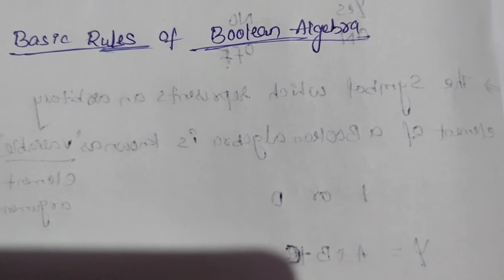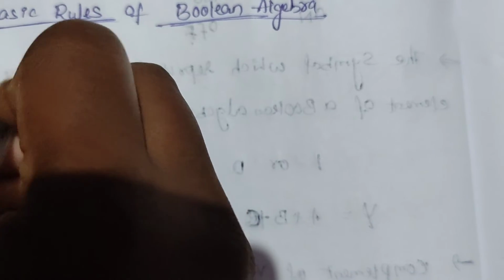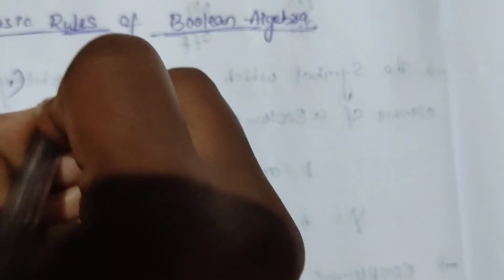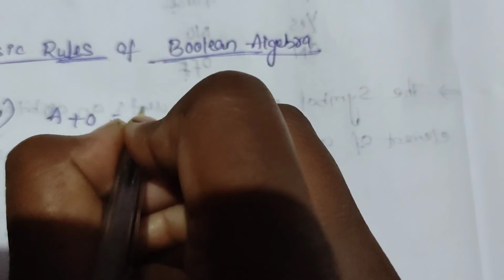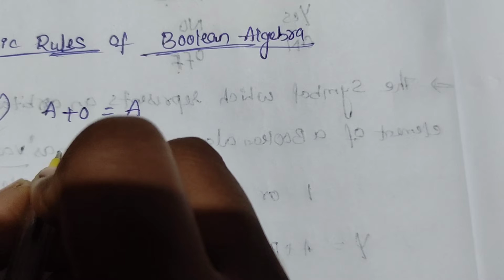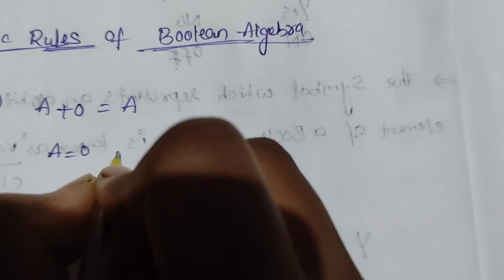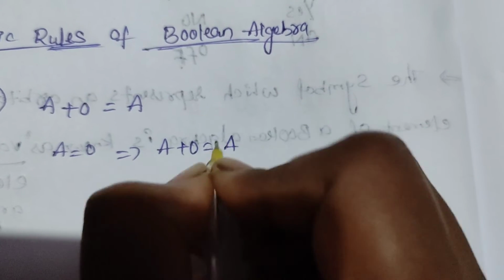There are some basic rules in Boolean algebra. They are: first one, a plus 0 is equal to a. If a is 0, then a plus 0 is equal to a, that is, a is 0 only.